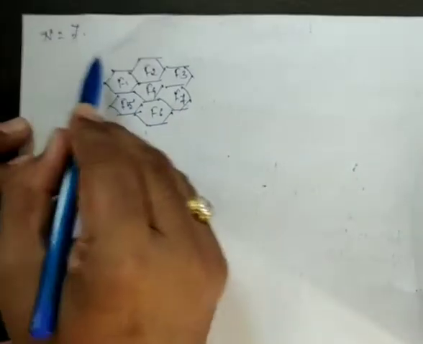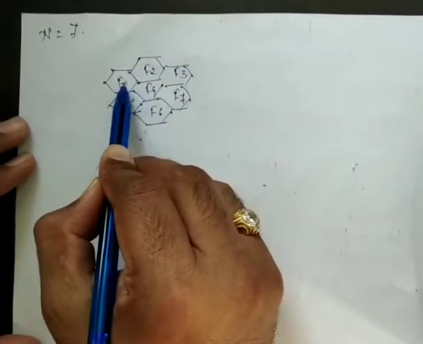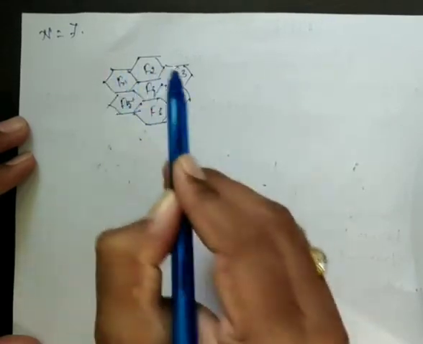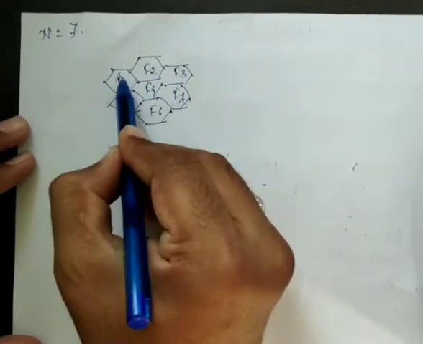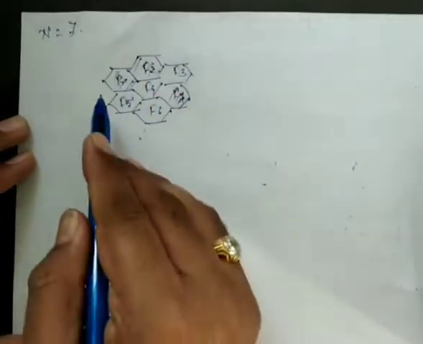This is n equals 7. The frequency used in one cell cannot be used in F2, but the frequency used in F1 can be used in F7. This is a co-channel cell, and this is an adjacent cell.